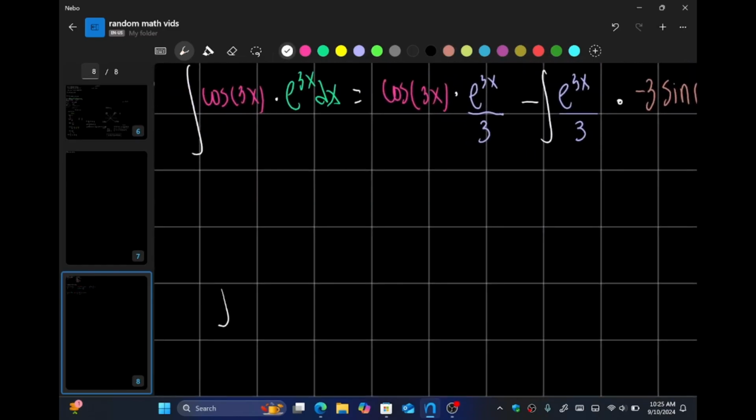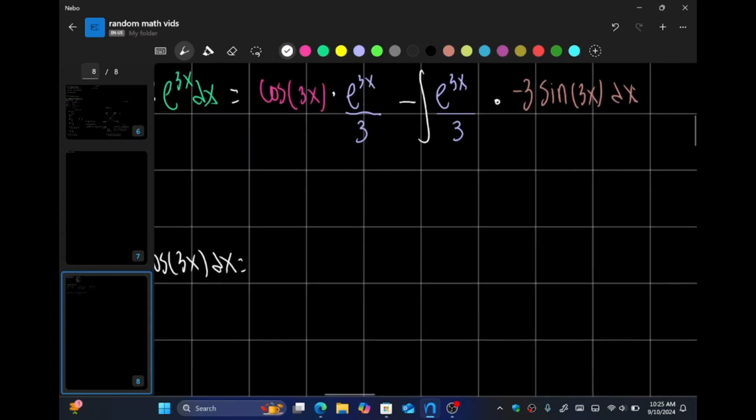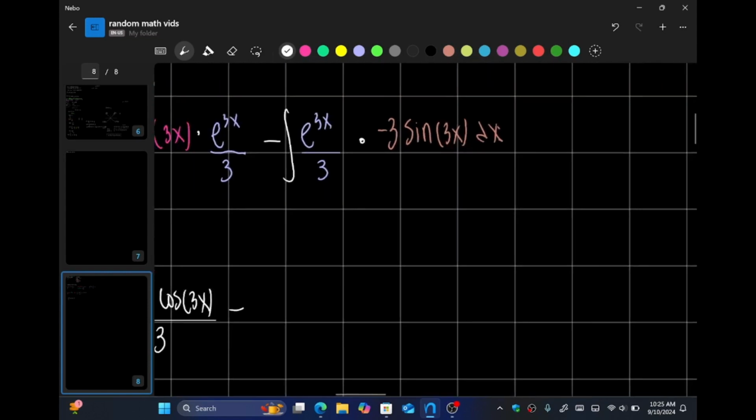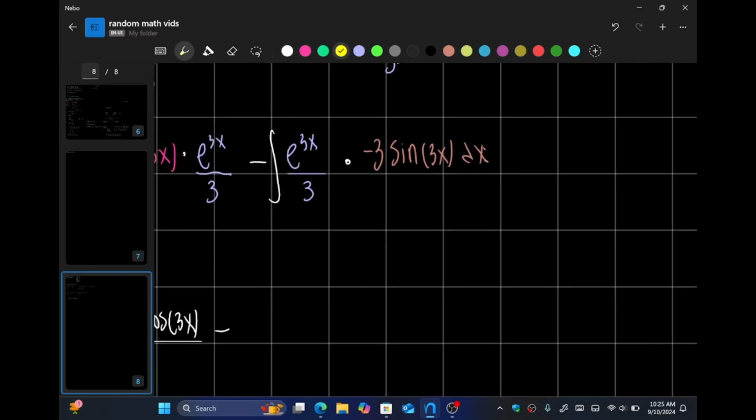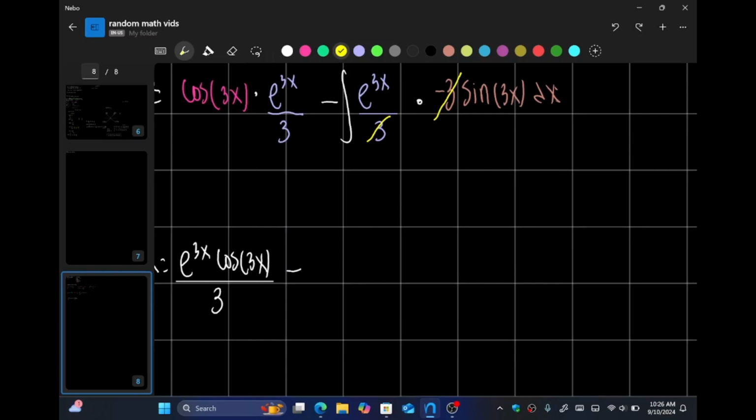So the integral of e to the 3x cosine of 3x dx is equal to e to the 3x cosine of 3x all over 3, minus, and you can see, guys, that the 3 here and the 3 here will cancel out. However, be very, very careful with your signs, okay?